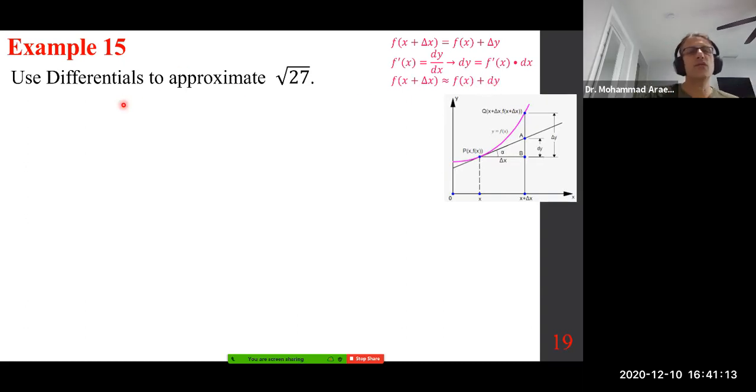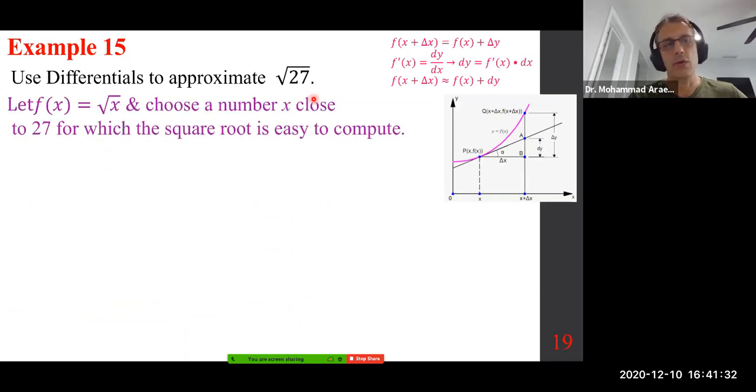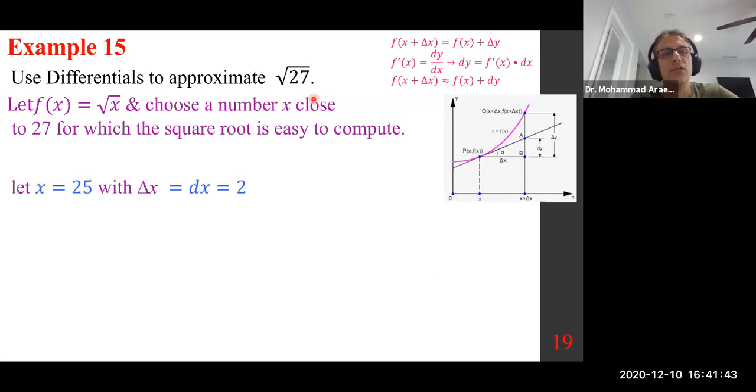So first and foremost, you need a function, okay? So a function, square root of 27, that means we need square root of x, f of x equals square root of x. Then we need a number, the closest number to 27 that we can take the square root is number 25, okay? So we let f of x be square root of x. We want to choose a number close to 27, which the square root is easy to compute, and therefore we find it easy.